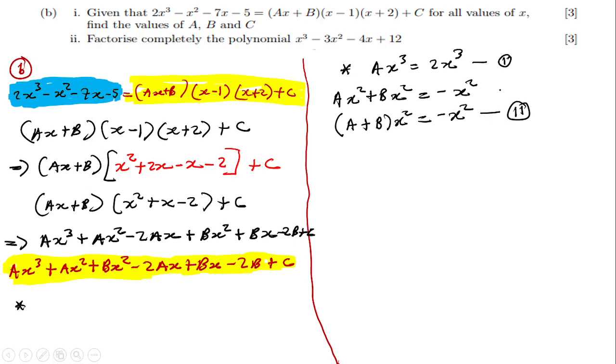Then I'll come up with my third equation, which has to be the last one. This one is the constants: negative 2b plus c is equal to the constant number, which is negative 5.